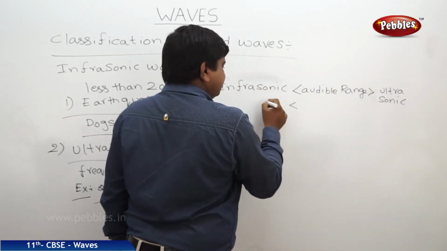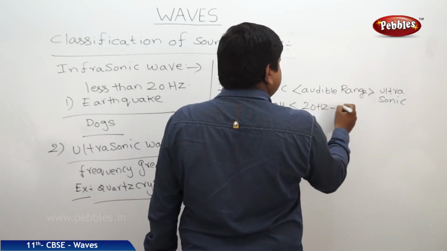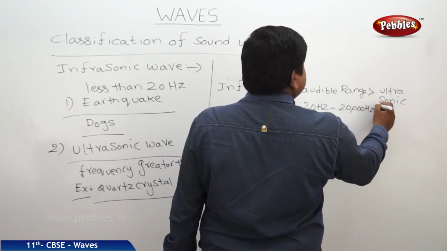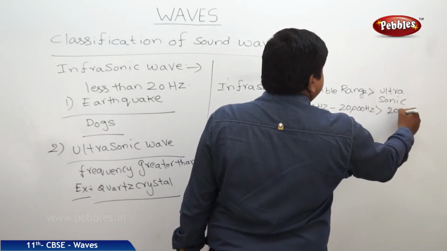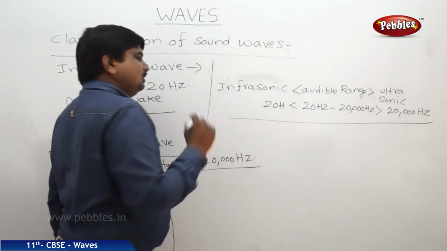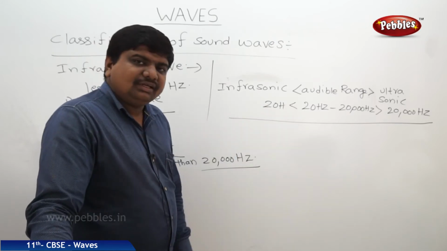This is less than 20 Hz, this is 20 Hz to 20,000 Hz, and this is greater than 20,000 Hz. So like this we can classify the sound waves on the basis of their frequency.